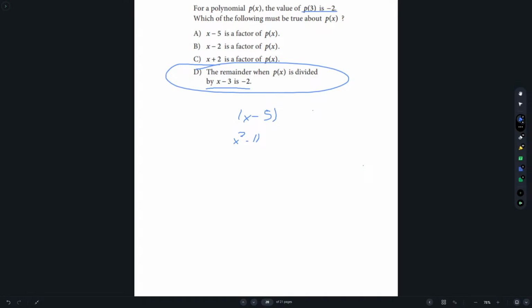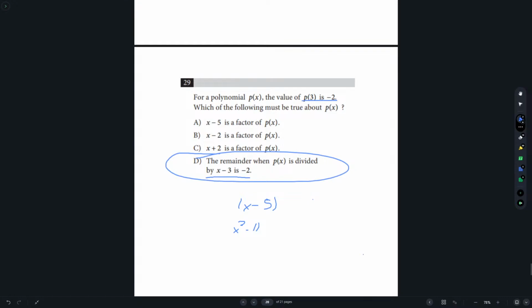Let me go see what the solution to this was again. Let's see. This was one of the last questions.